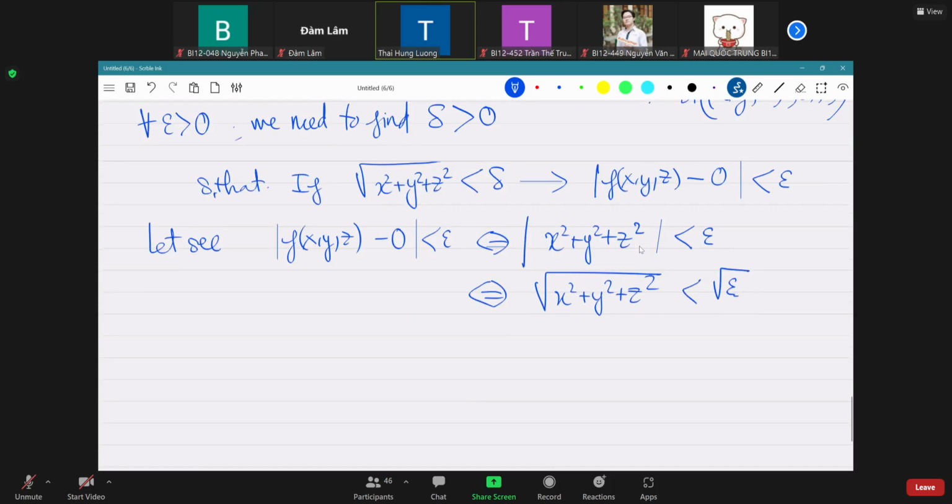So you can see if we choose delta equal to square root of epsilon, then you immediately have this statement, right? Is it clear?